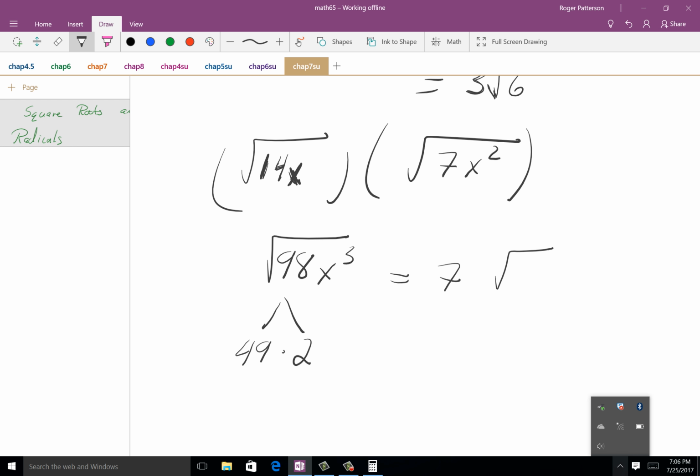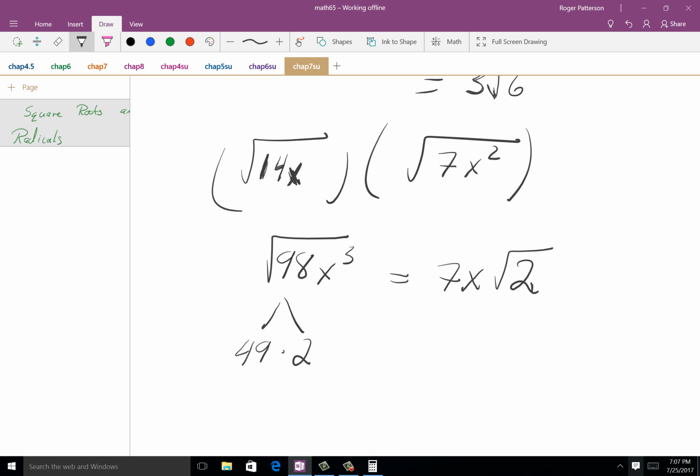I'm going to leave a little space there. What's going to go on the inside in the number case? 2. Now I got to do the variable. Power is 3. It's a square root, so 2 goes into 3 once.